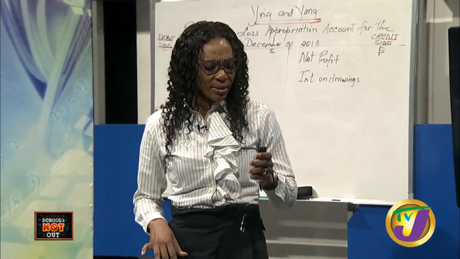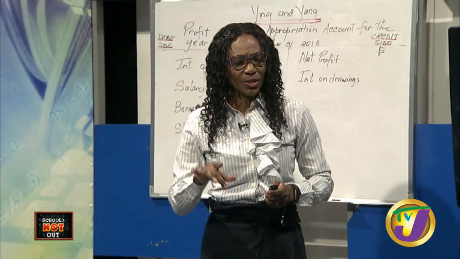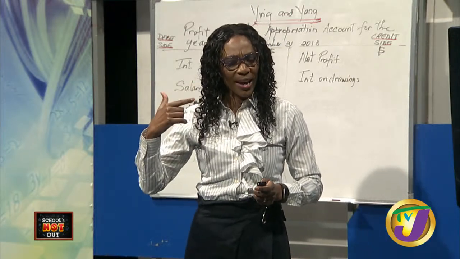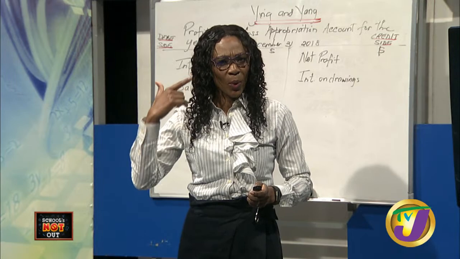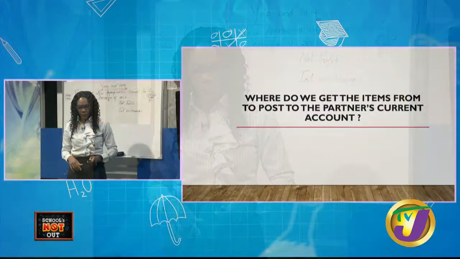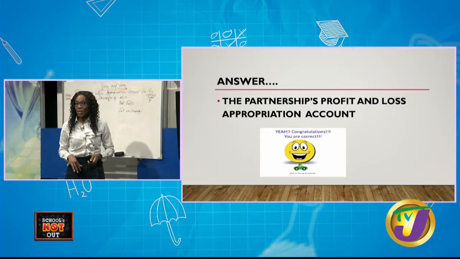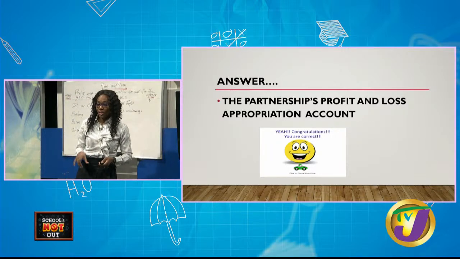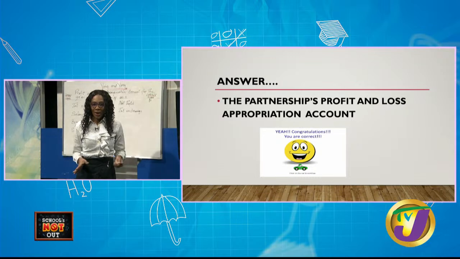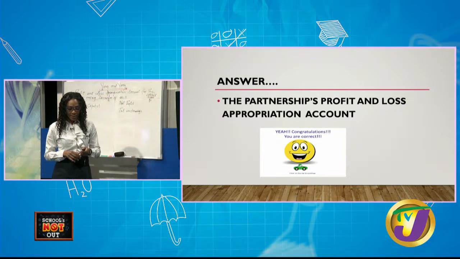Now, let me ask you again. Go back in your heads and tell me, which account is this? If you said the partnership's profit and loss appropriation account, then congratulations, you are right.